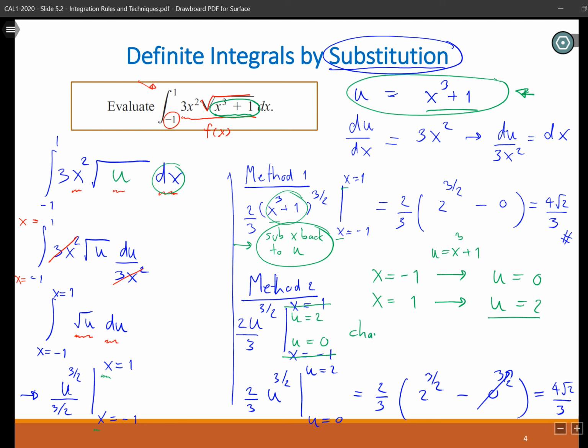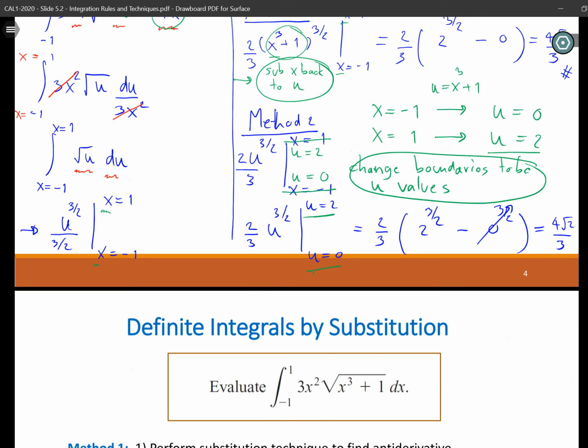We make it u equal to 2 instead of x equal to 1, and u equal to 0 instead of x equal to minus 1. So that is the main difference, right? Either way is fine. Which way you prefer is up to you.